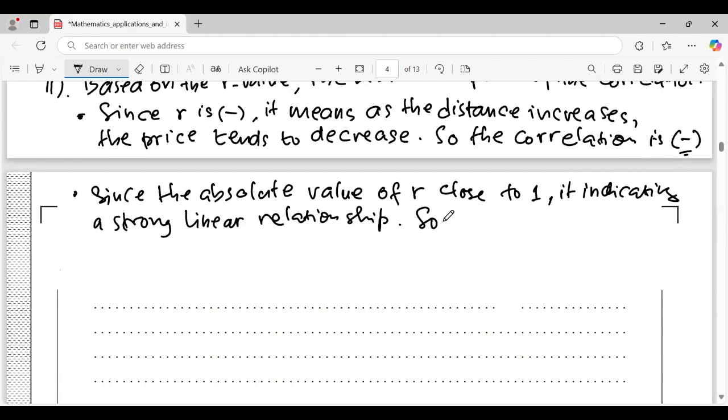So the correlation is strong. So strong and negative.